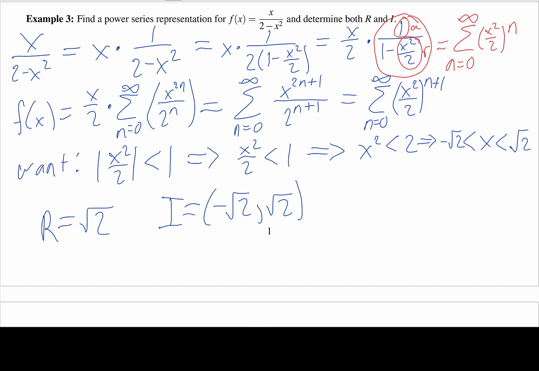Every time you get an endpoint, your r right here will become 1. And so you're just going to be summing some positive number over and over again. Or if we have a negative, the alternating series test would say that the test for divergence will say that it fails.